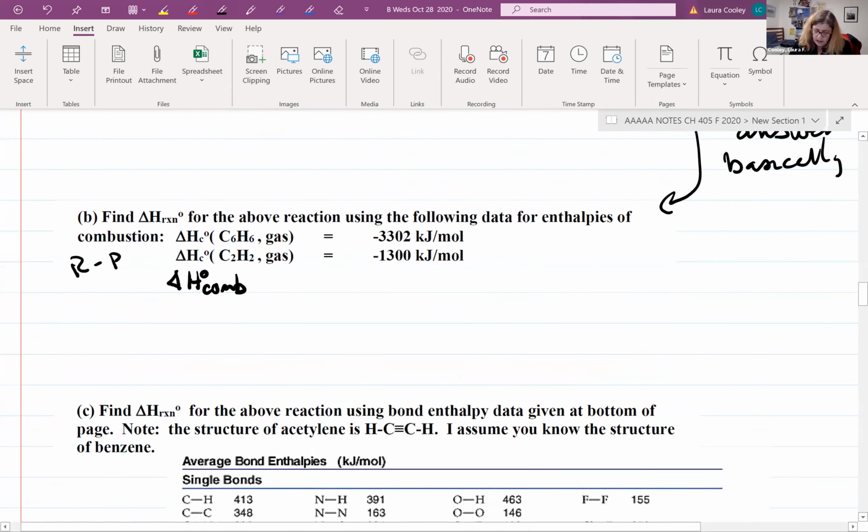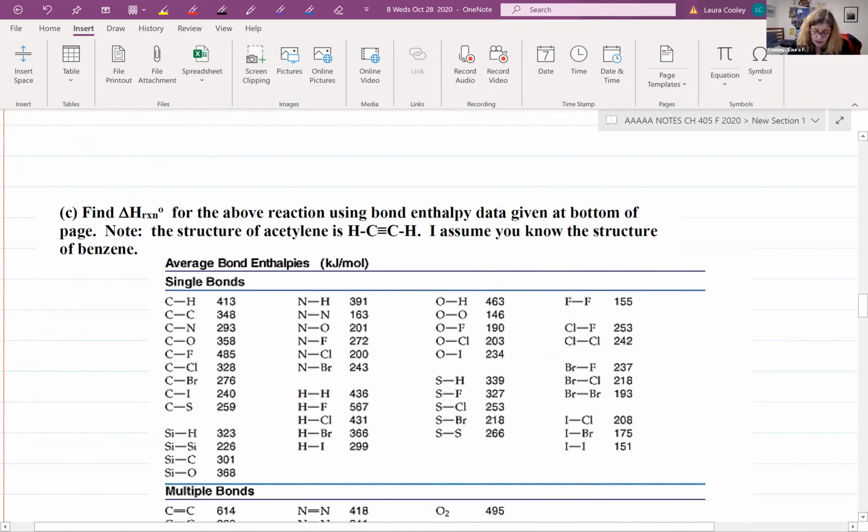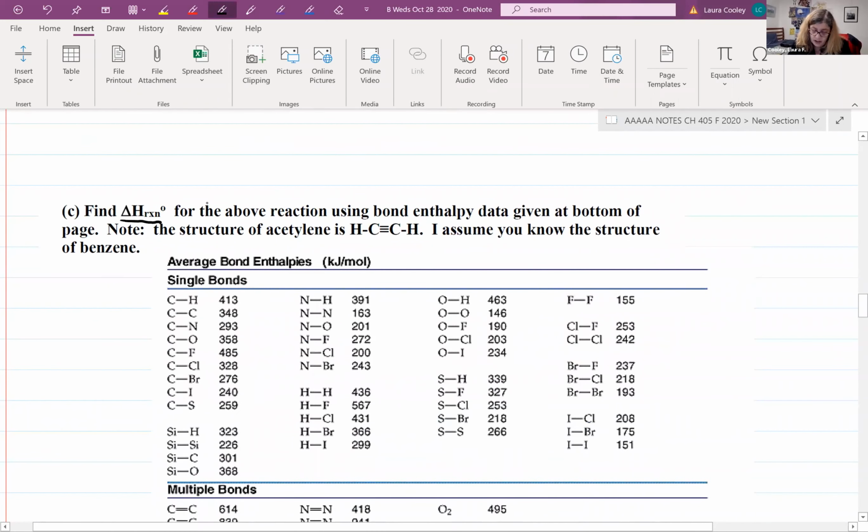All right, but when you get to this part, now we're talking about finding the delta H for the above reaction using bond enthalpy data. Now what you have to do here is figure out, well, you could decide to break all the bonds and form all the bonds in the products, or I actually start by writing the simplified Lewis structures. I don't include lone pairs or anything.